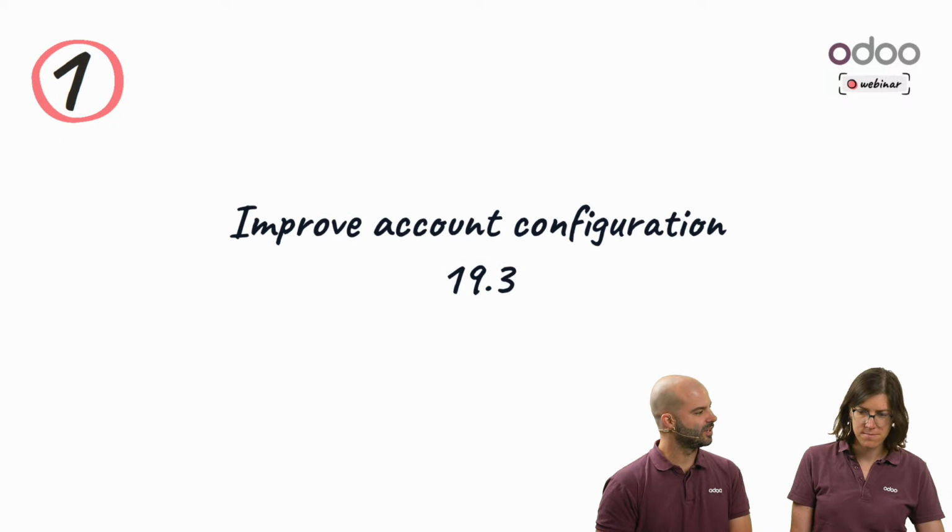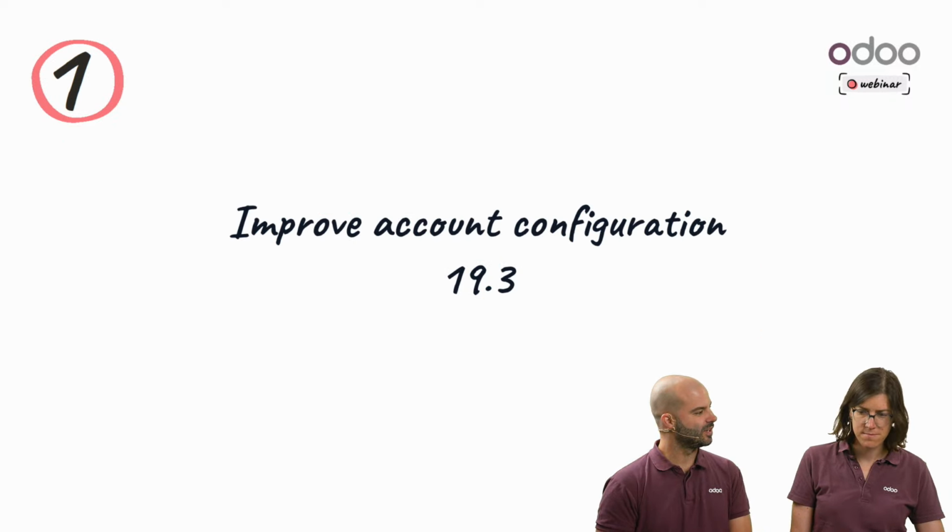And the last thing that we have made here is that you can select the account that you want to use for the payment reconciliation, but the other accounts stay available for reconciliation. I will show you, maybe it will be easier.